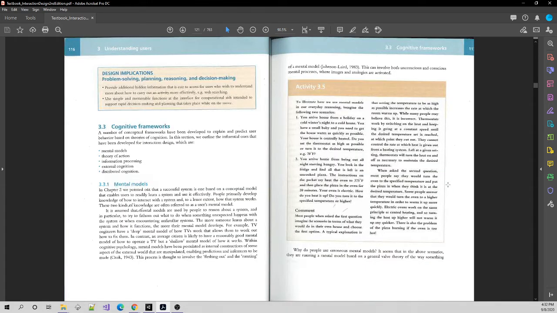And so frameworks, there's a lot of information. We have to try and boil down stuff into simple understandings that we can think about and design within. So we have these ideas of frameworks and models, so mental models. I went through the theory of action and information processing. You can read through these.